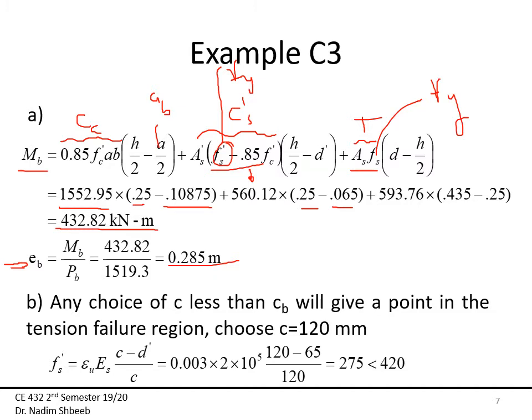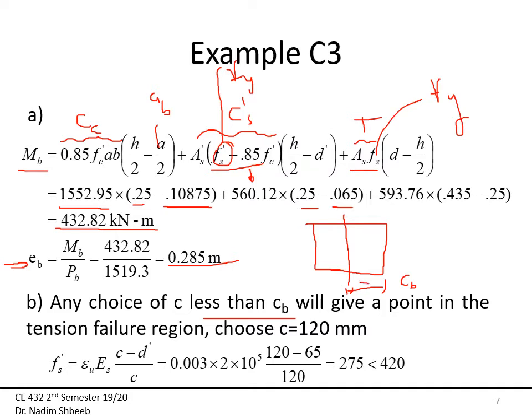Now, the second requirement is telling me that he wants to have a point in the tension failure region. So I'm claiming that any choice of C less than CB will give a point in the tension failure region, and that's correct. So if I look at my cross section, CB is somewhere here.